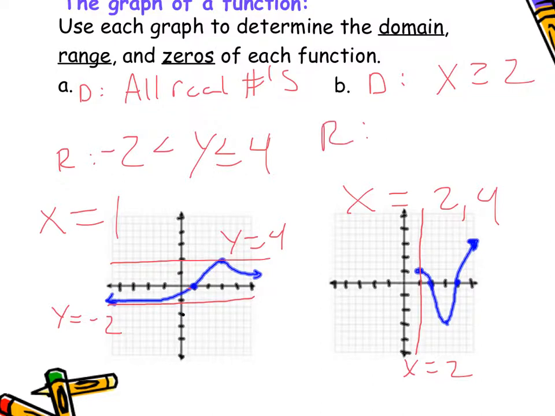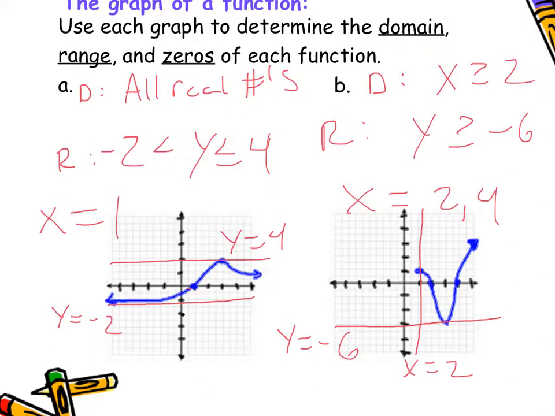For the range, it looks like that graph doesn't go below that line y equals -6. It continues to go above, looks like infinitely because there's an arrow on the end of that graph, but it doesn't go below -6. So I'd say the y value has got to be greater than or equal to -6.